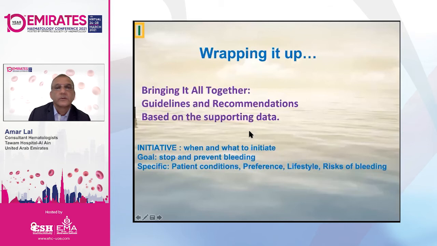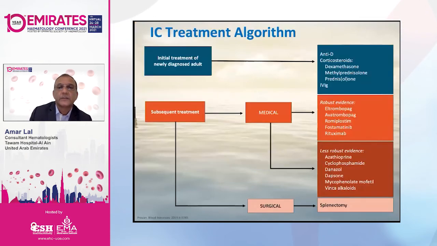So now, let's wrap it together, bring it all together, and we can make a guideline, initiative, goal, and specific-to-patient guideline. There is the ICR treatment algorithm. Initial treatment is steroid plus or minus IVIG. Subsequent treatment, robust medical, is the TPO agonist or rituximab.